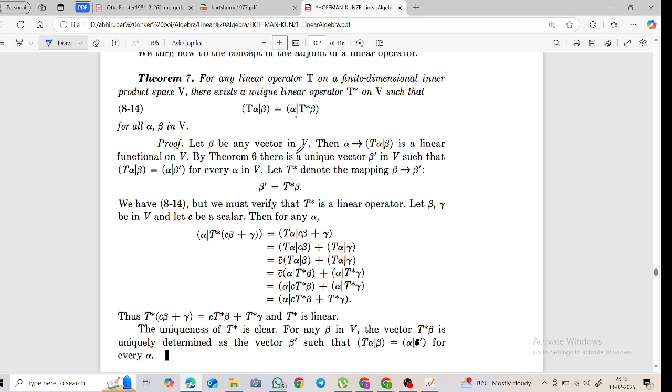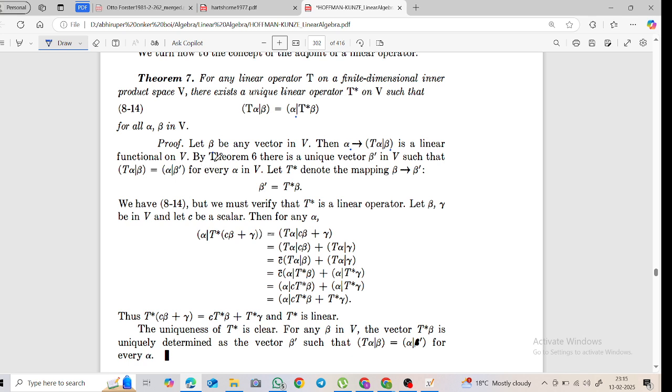So let beta be any vector in V. Now send alpha to T alpha inner product beta. See, this is a linear functional. You understand that beta is a fixed vector. So along with beta, you are assigning a linear functional which sends alpha to T alpha inner product beta.